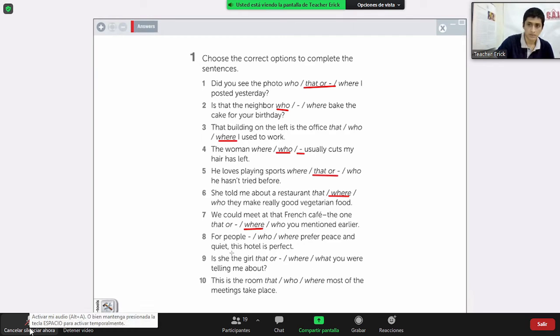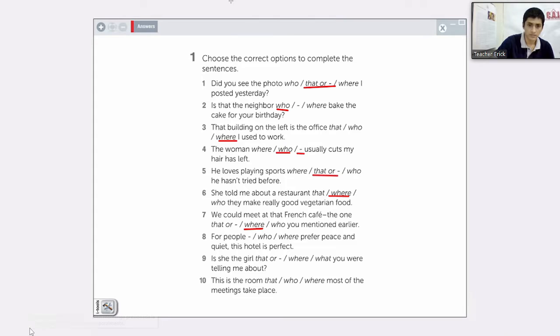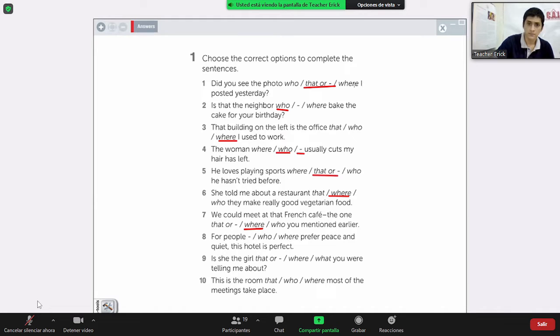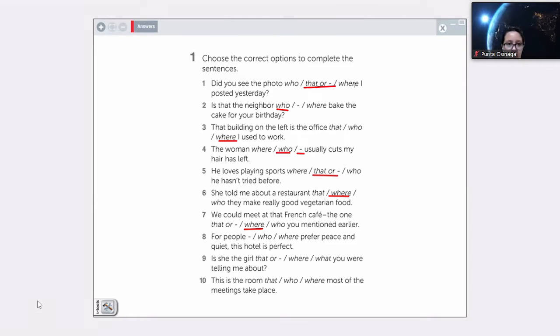Number 8 says for people who prefer peace and quiet, this hotel is perfect. Number 9, is she the girl that, where, or hyphen, or what you were telling me about?